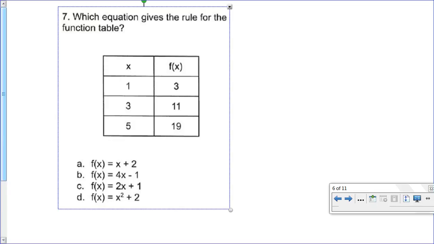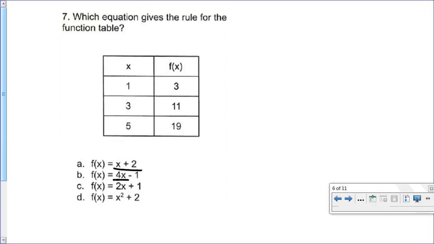So what they're saying is there's some equation down here, or there's some expression right here. Okay, any of those, we don't know which one, but when we substitute these values, like when we substitute 1 into any of these right here, it will equal 3 over here.